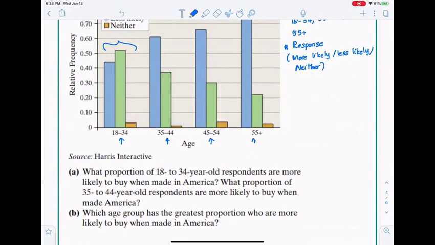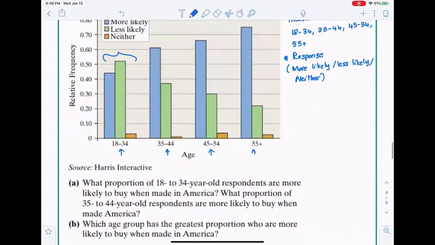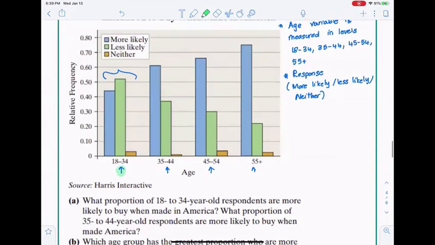So first, we need to look at the percent. We've got to go to the 18 to 34-year-old respondents, which is the first case here. And in that group, we need to look for the proportion.